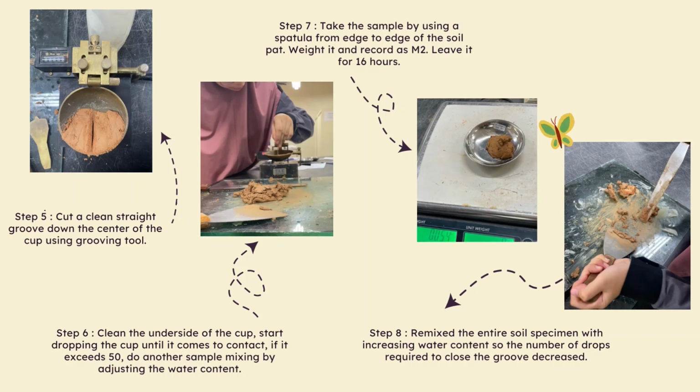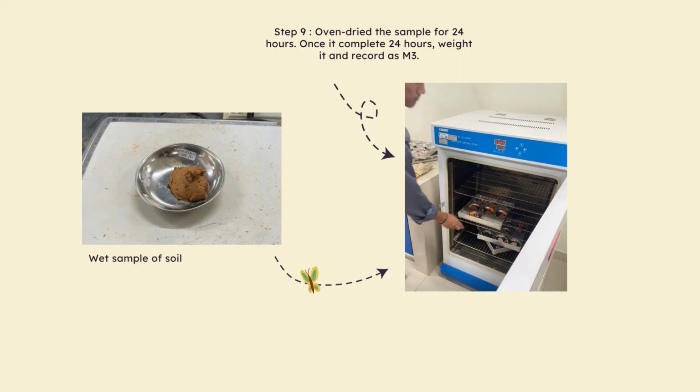Step 8. Remix the entire soil specimen with increasing water content so the number of drops required to close the groove decreased. Step 9. Oven dry the sample for 24 hours. Once the 24 hours is complete, weigh it and record it as M3.